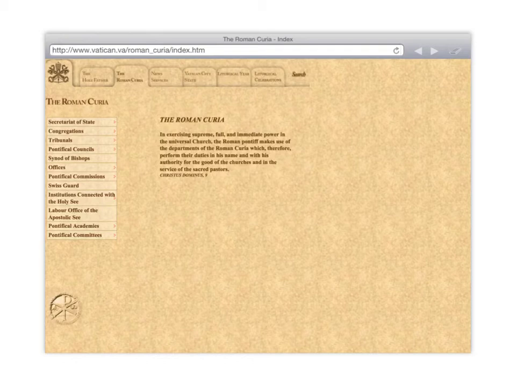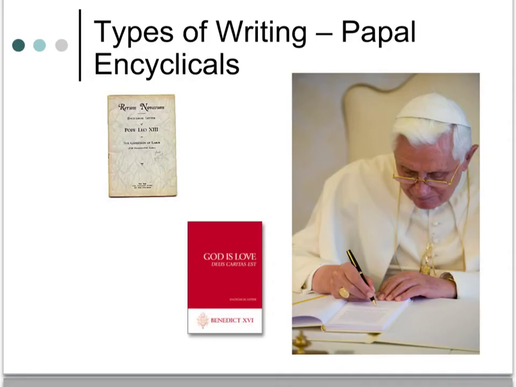When these commissions offer their statements, they will often include scripture and statements from the catechism, to show this is where our reasoning is coming from. They can be a helpful resource on a variety of specific moral issues.